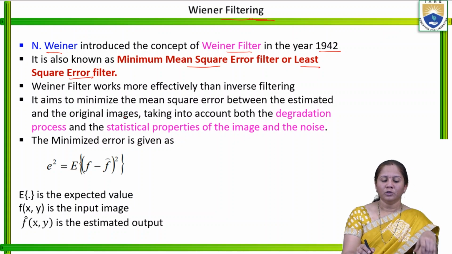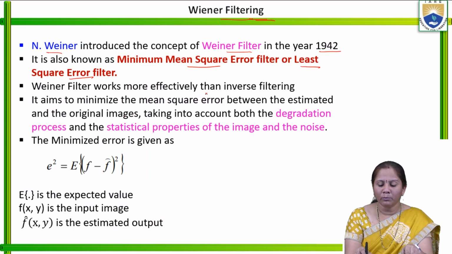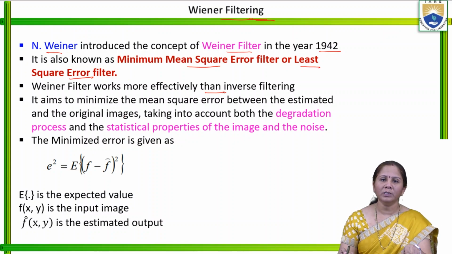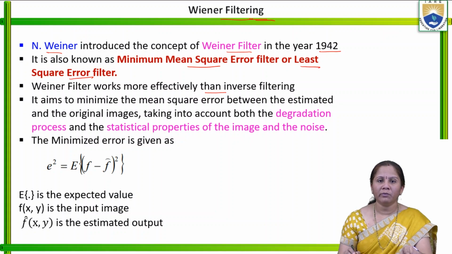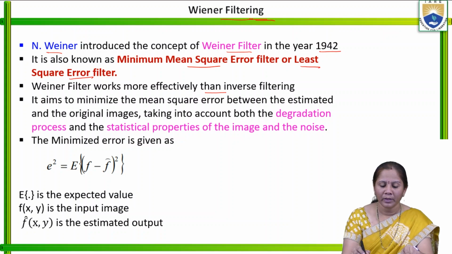Here the Wiener filter works more effectively than inverse filtering. We have seen there is a limitation in inverse filtering, so the Wiener filter overcomes that limitation and works very effectively compared to inverse filtering.